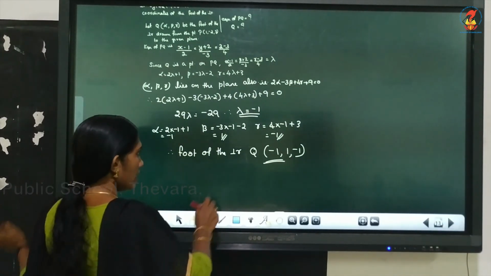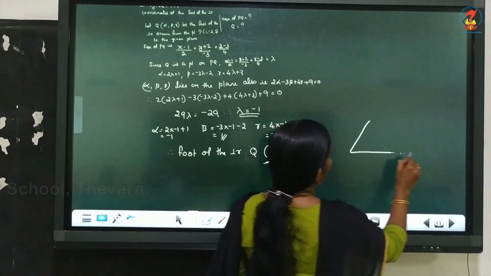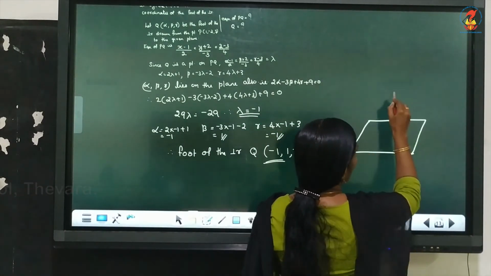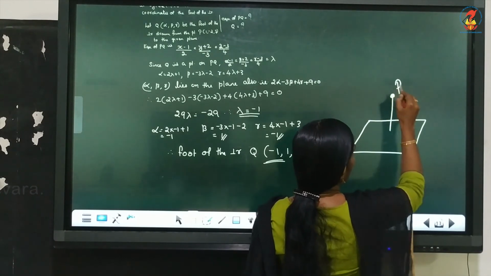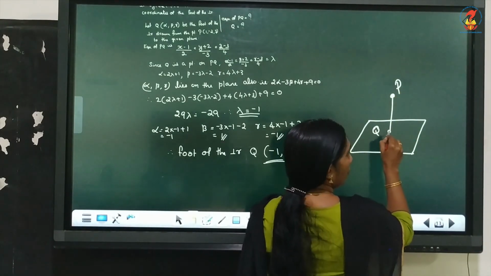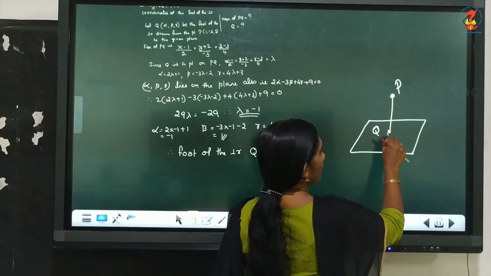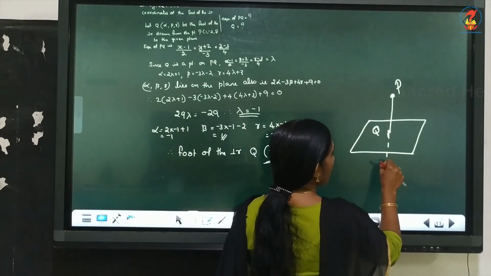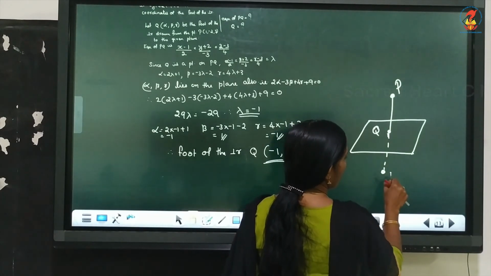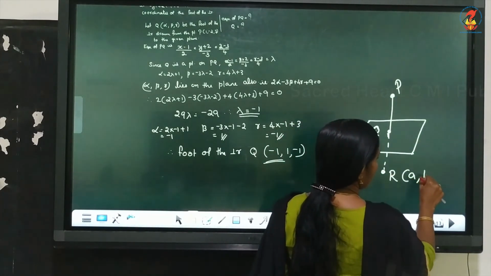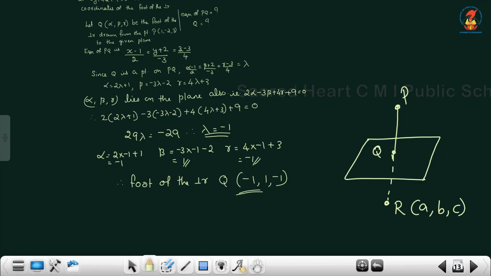Then in some questions, after this step we have to find the image also. So here we have P, then Q. What is the image of P? You have to extend this to some point R. Let R be (A, B, C). Then we have to find the coordinates of R. Okay.